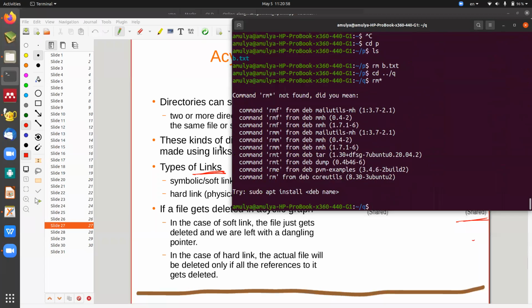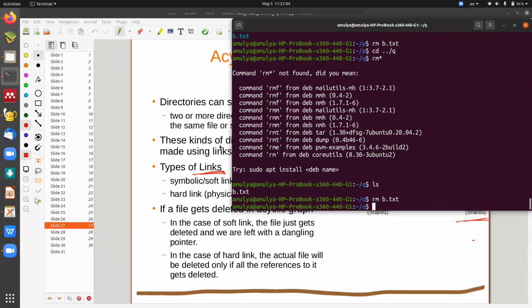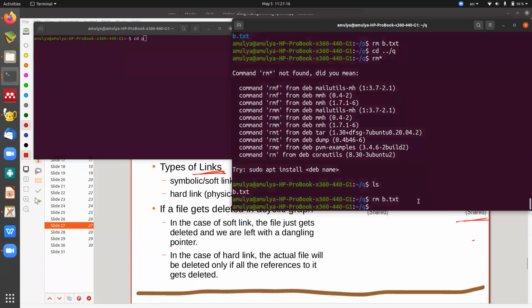So ls here also shows rmb.txt. Now how many directories? Two directories. So Control Alt T, I'll open a terminal. So this is one, cd p, and another cd q. What will I do? I'll create a file here, cat greater than d.txt.